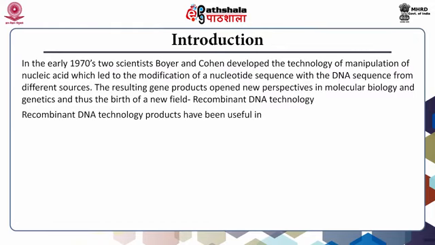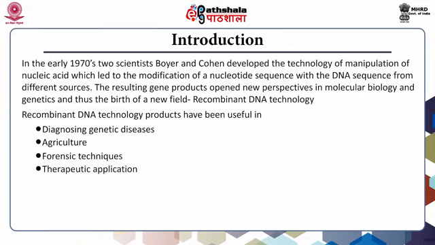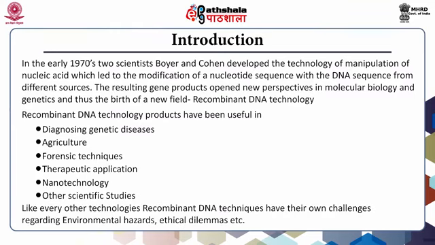Recombinant DNA technology products have been useful in diagnosing genetic diseases, in agriculture, forensic techniques, therapeutic applications, nanotechnology, and other scientific studies. Like every other technology, recombinant DNA techniques have their own challenges regarding environmental hazards and ethical dilemmas, etc.